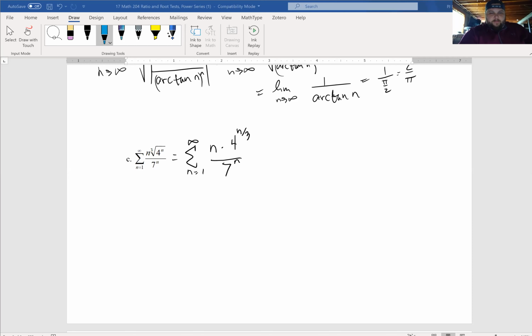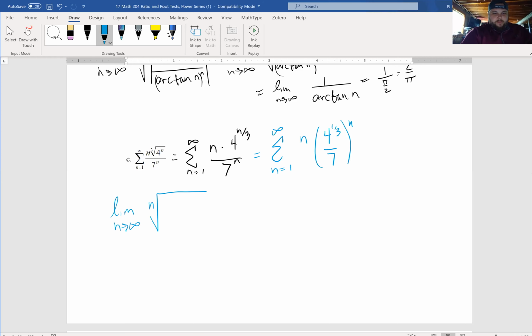So I would rewrite this as four to the 1/3 over 7, all to the n. You okay with that? Yeah. All right. So then we go ahead and take our limit as n approaches infinity, nth root, absolute value.